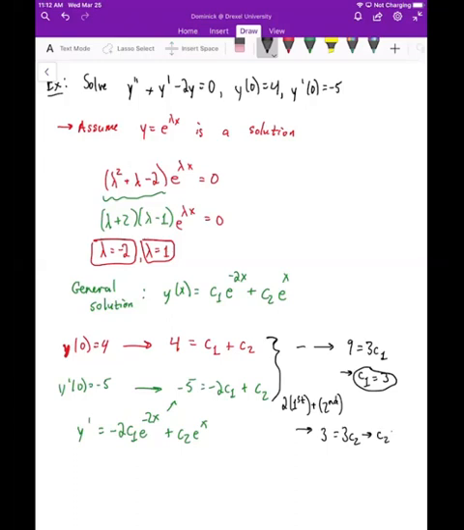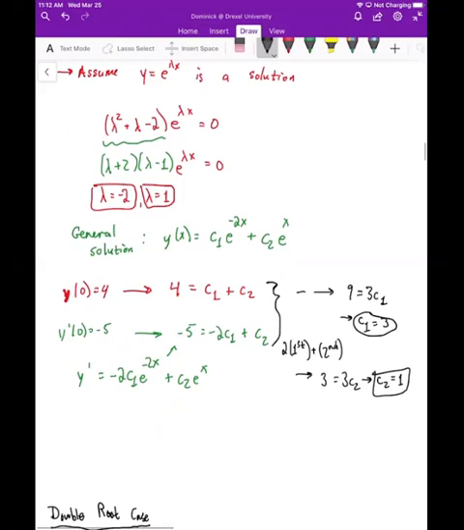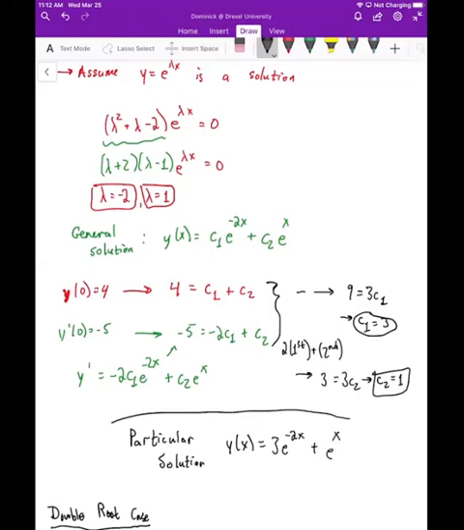So we get that C2 is equal to 1. And therefore, we can say that our particular solution has to be y of x is equal to C1, which is 3 e to the minus 2x, plus C2, which is 1, so we could just say plus e to the x. And that's our particular solution.